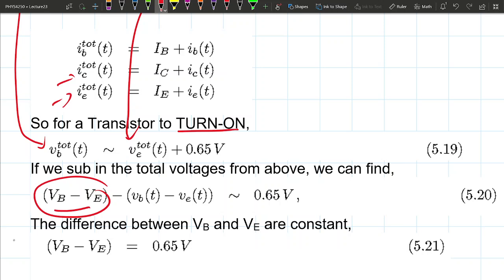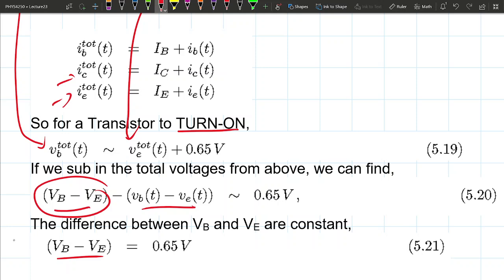So the criterion for you to have a transistor in the on mode is only that the constant part of the base voltage minus the constant part of the emitter voltage has to be exactly 0.65. The time-dependent part can be whatever it wants to be, up to a point where the transistor stays on.